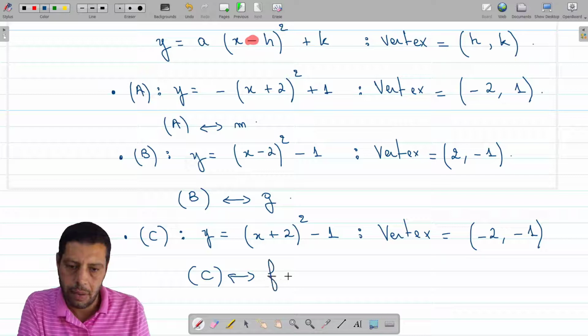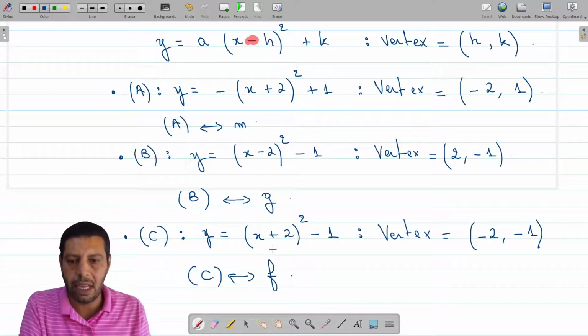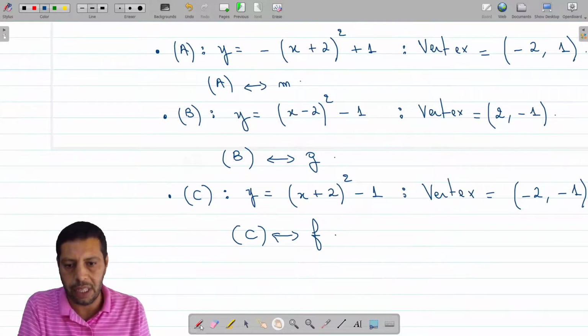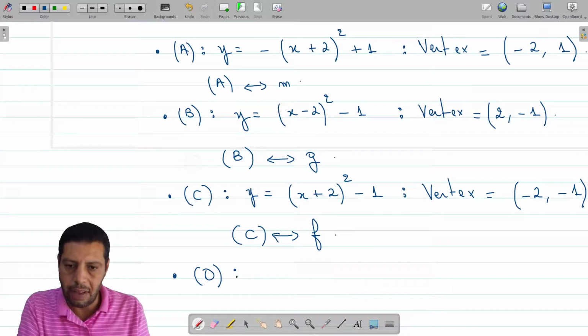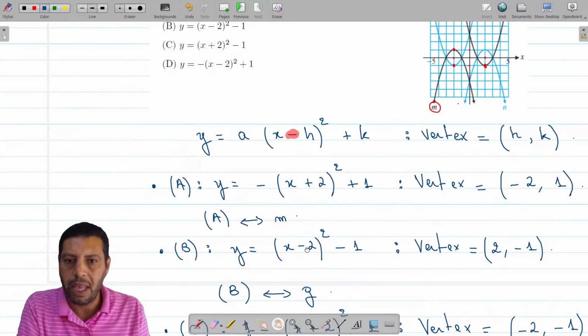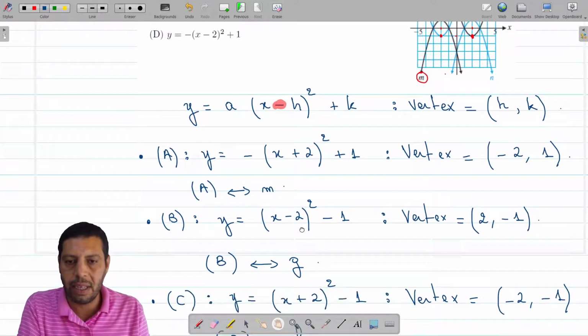We have only one graph remaining and one equation, so we can conclude. But let's check it to be sure that our answers are correct. For D, let's check what the equation is. y equals negative (x minus 2) squared plus 1.